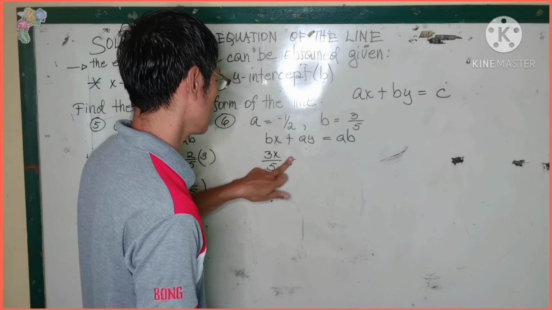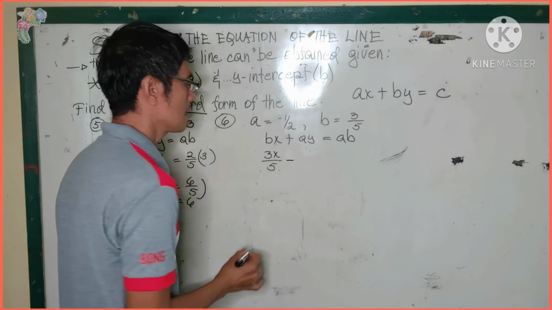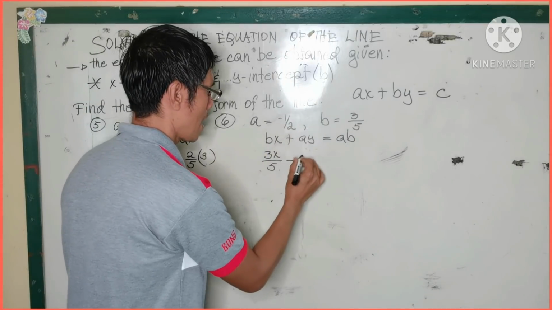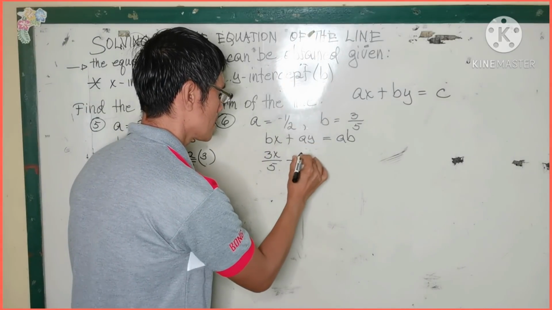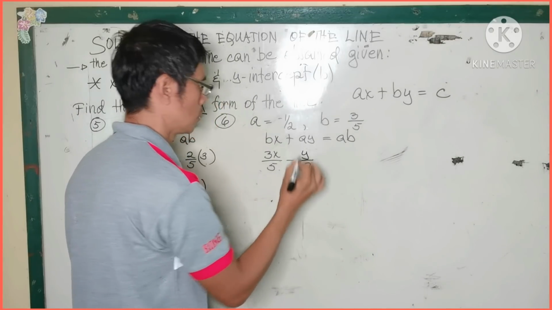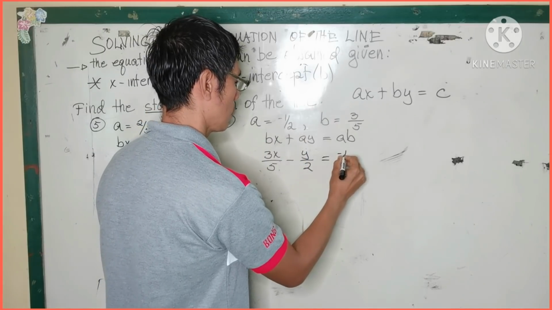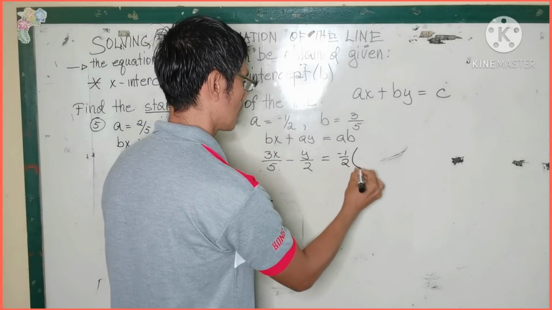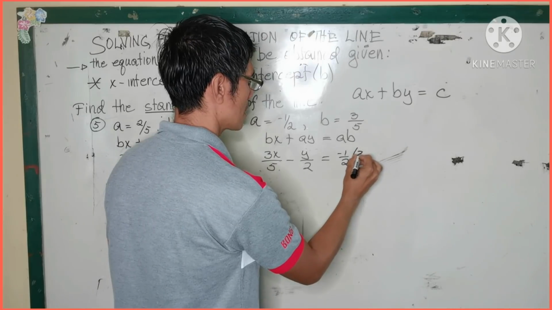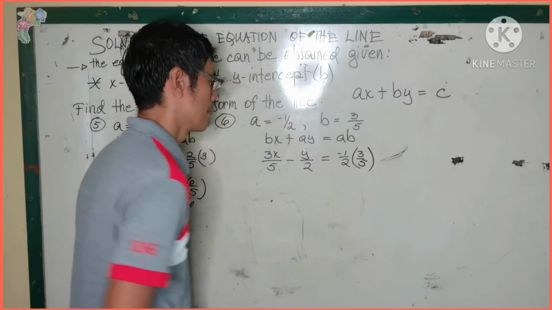Since it is negative, let us remove the plus and make it minus. So we have 1y, that is y over 2, equals a, which is negative 1 over 2, times b, which is 3 over 5.